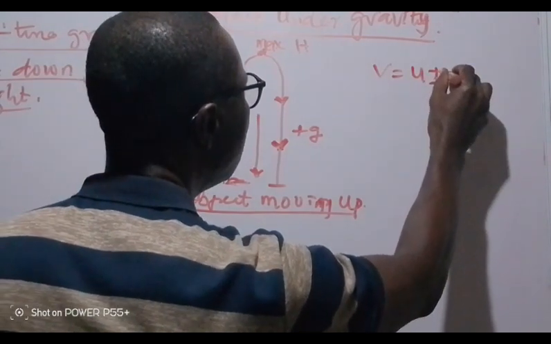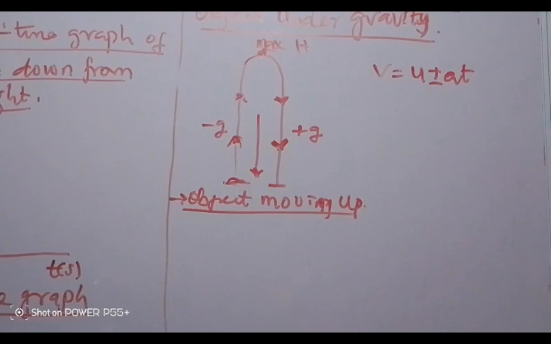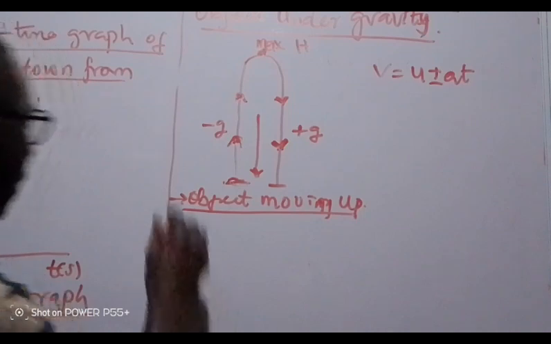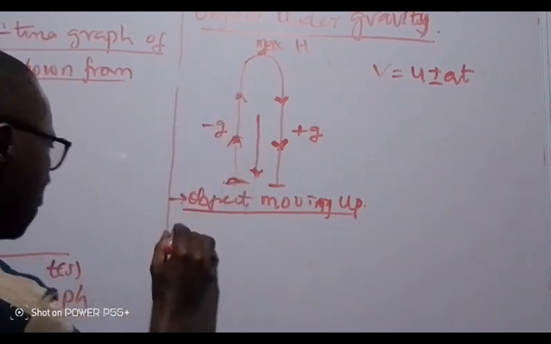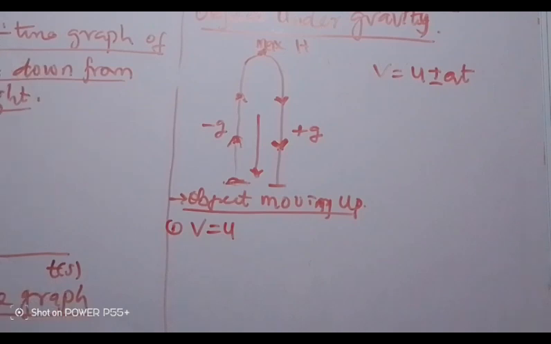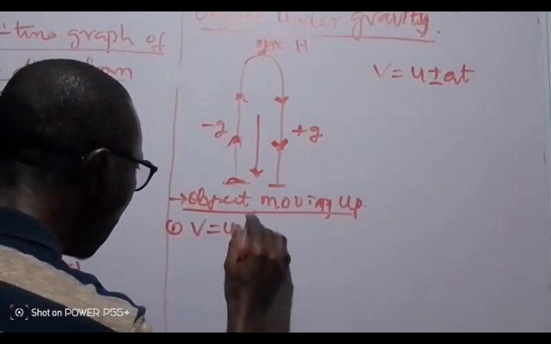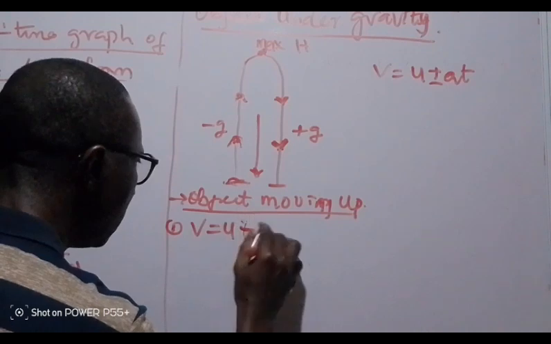Now for this equation 1, since we are dealing with acceleration due to gravity, our equation for this side will now be: v is equal to u plus or minus gt.